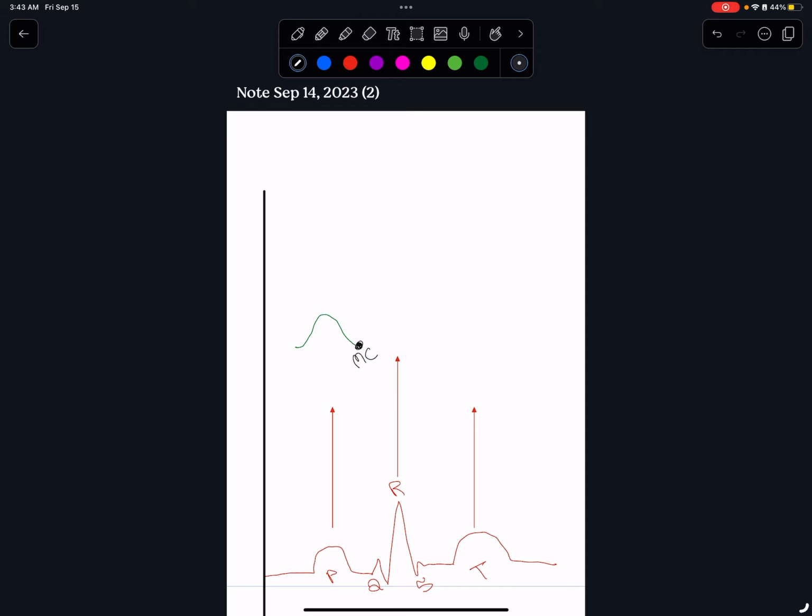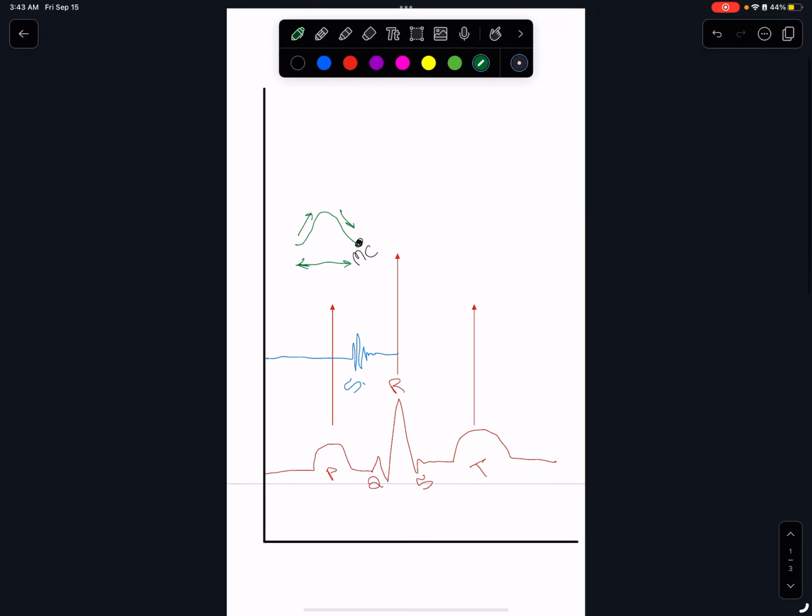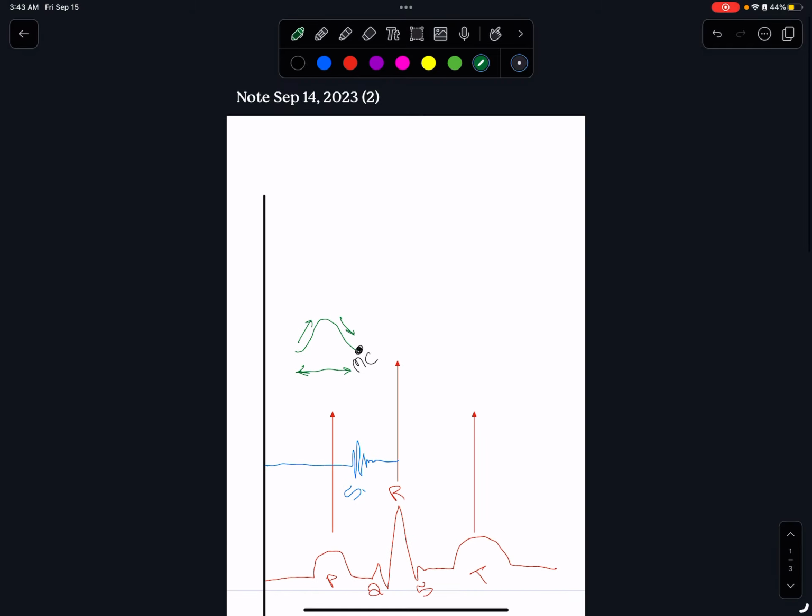Okay, and the mitral valve closure creates what sound? S1. Okay, S1. So the atrial contraction and then relaxation, and during this period the atria is emptying blood, so the mitral valve is open.